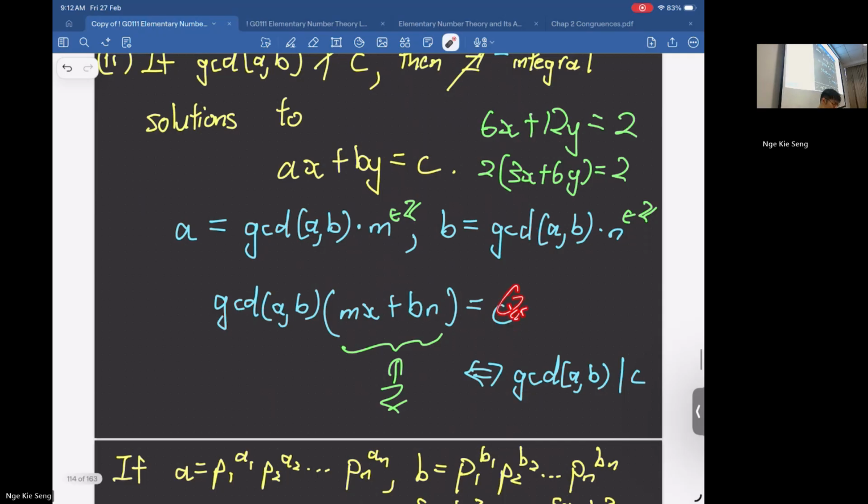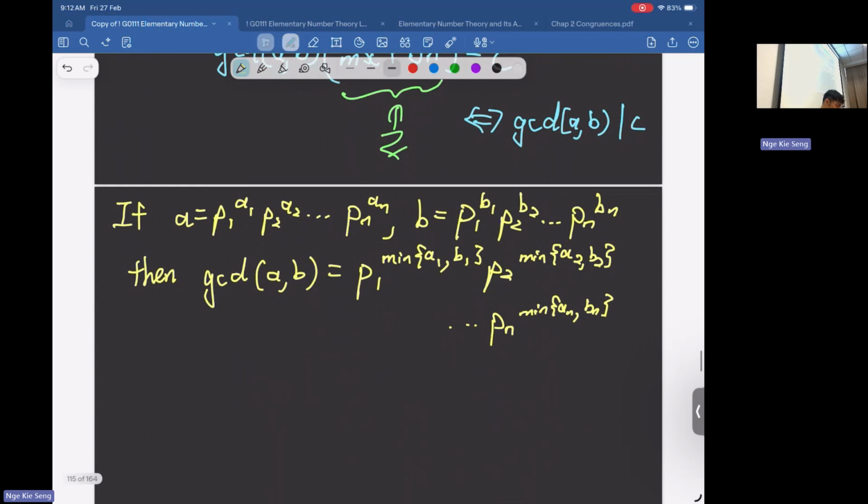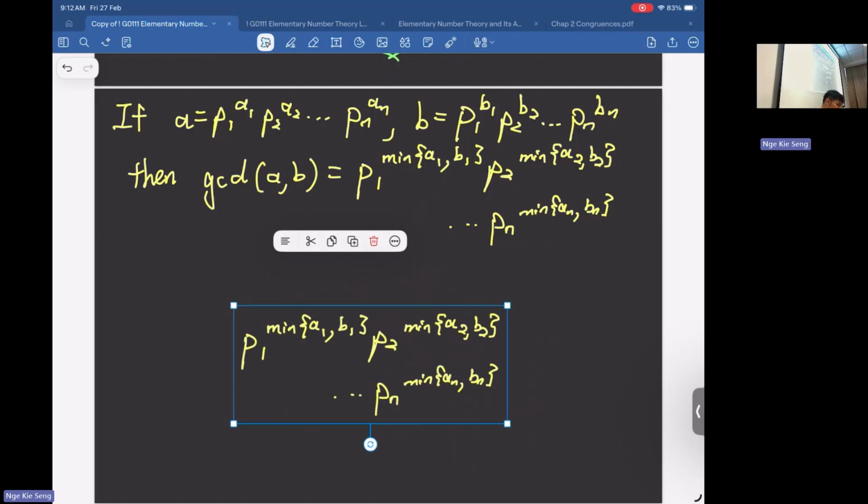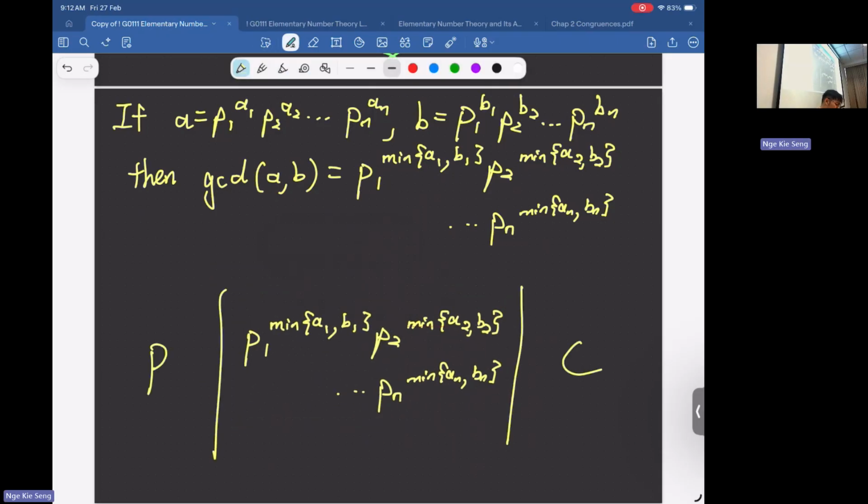Because if all these Pi things divide C, obviously all the previous Pi to the power Ji, where Ji is less than or equal to the min, will also divide. Let me give you some examples.